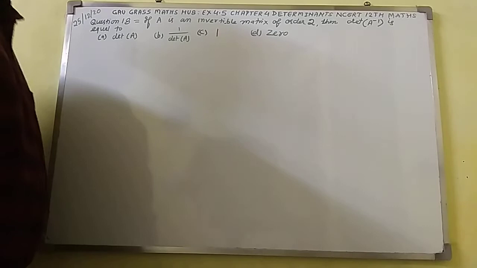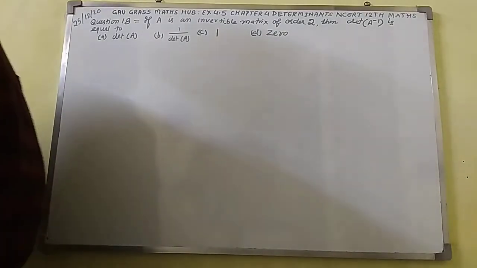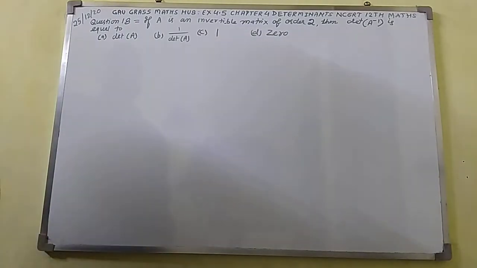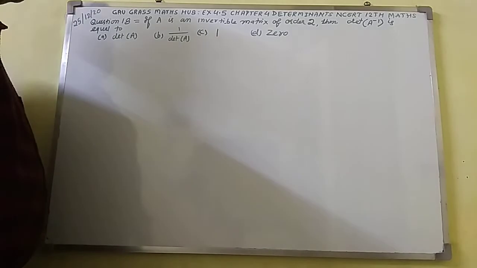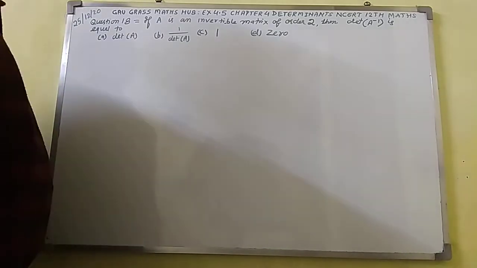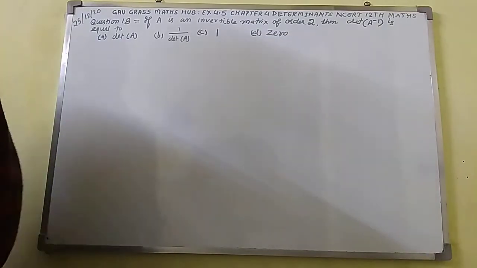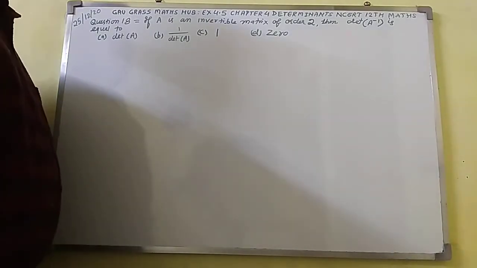I am going to discuss one question that has been taken from exercise 4.5, chapter 4, determinant, NCERT 12 mathematics. Question number 18: If A is an invertible matrix of order 2, then determinant of A inverse is equal to option A det A, option B 1 over det A, option C 1, option D 0.